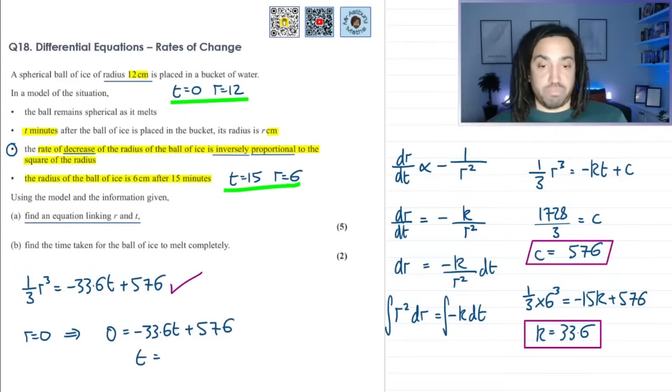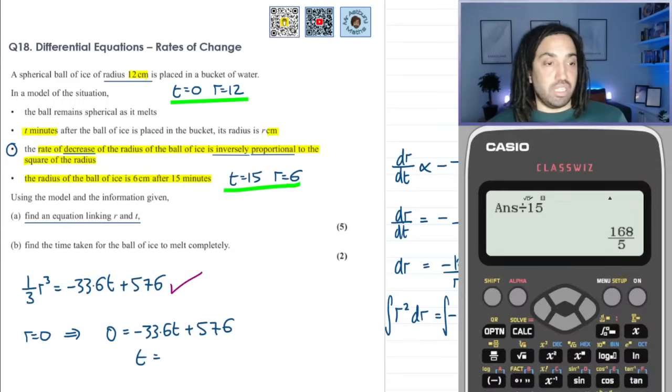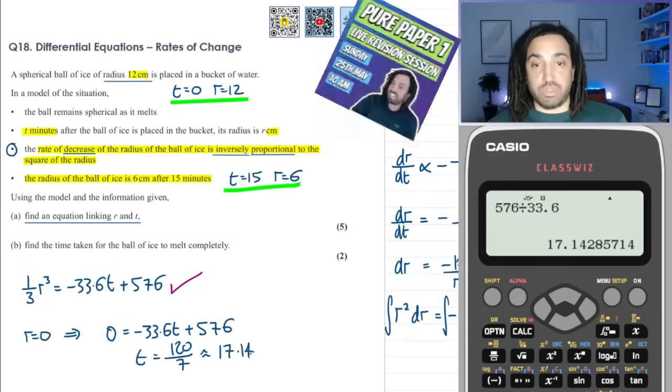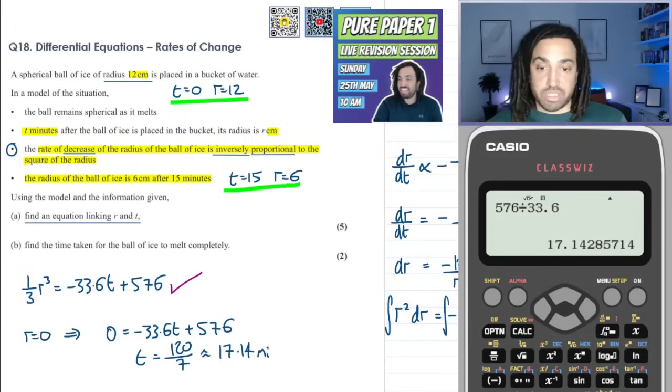So t will just be the solution to that, which will be 576 divided by 33.6, which gives us 120 over 7. Now it's a modelling question, so better give it, I think, as an approximate answer, 17.14, and also the units, and that is minutes.